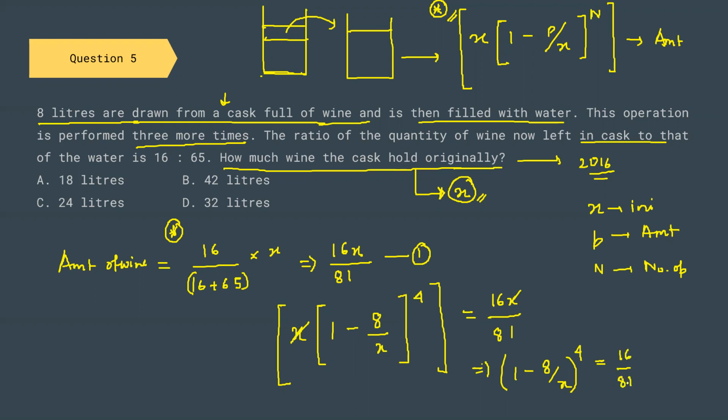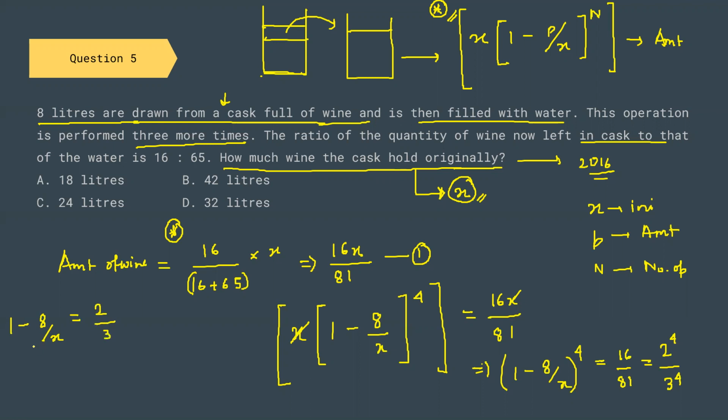Now, if we are left with this, what can I do? I can write 16 in the form of to the power 4 of something. So 16 can be written as 2 to the power 4 and 81 can be written as 3 to the power 4. So taking the fourth root from both sides, I can write this equation as 1 minus 8 by x equal to 2 by 3.